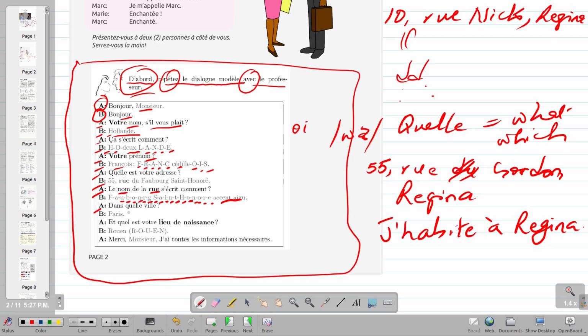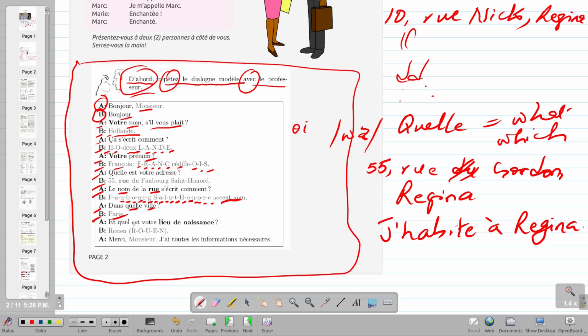A says, dans quelle ville? All right. Dans quelle ville? In what city? Ville, city. And B says, Paris. So, François lives on 55 Faubourg Saint-Honoré Street in Paris.